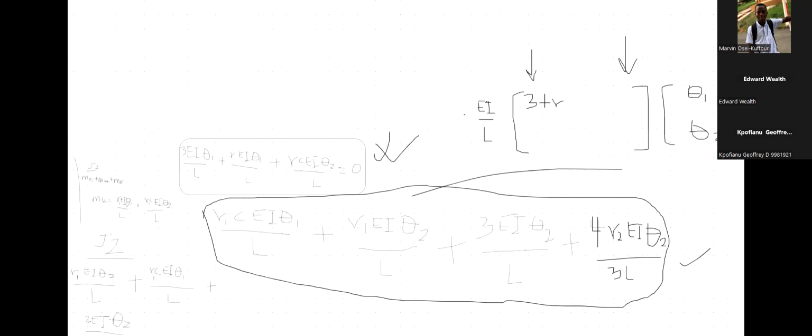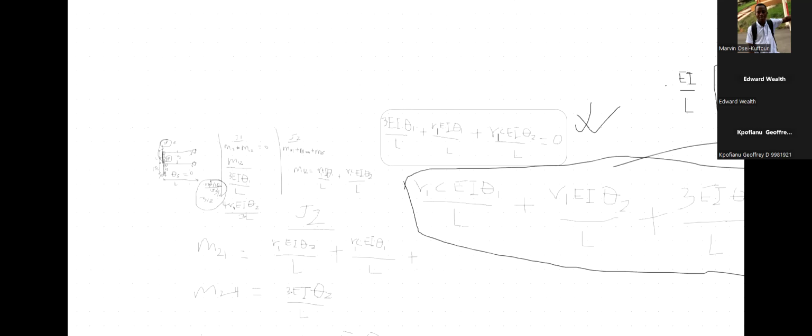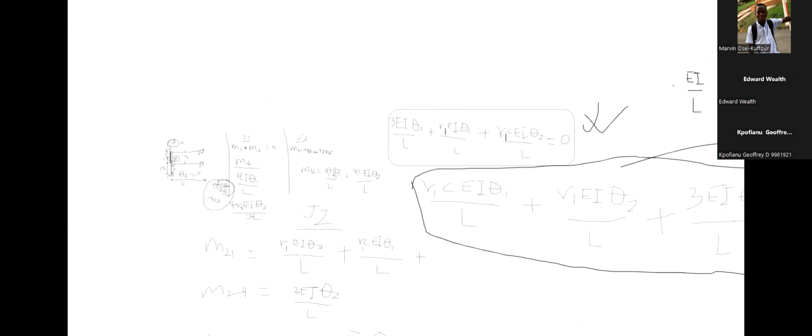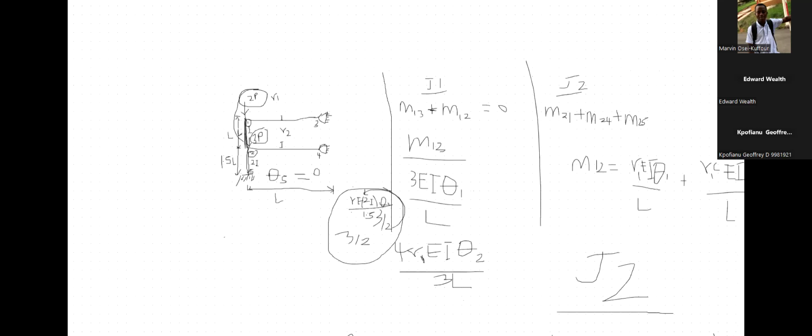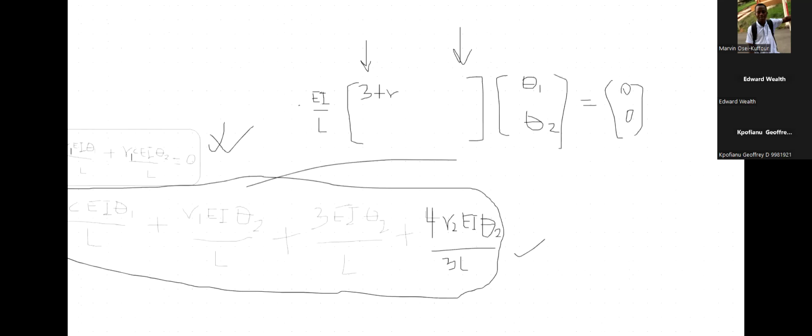Yes, here is R1, because they are from junction 1. So 3 plus R1.